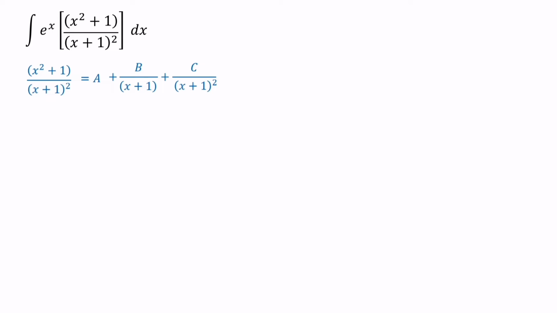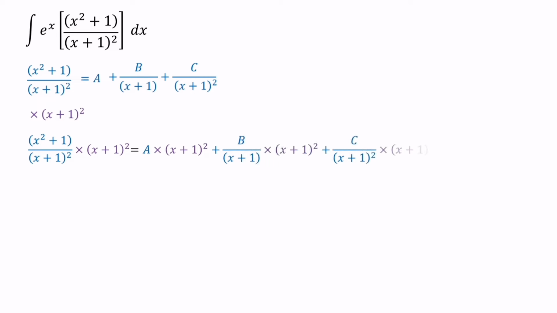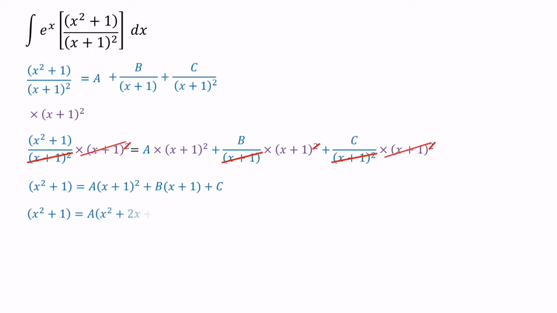Now we can multiply all the terms by x plus 1 perfect square. Then we can write an identity: x squared plus 1 equals A times x plus 1 perfect square plus B times x plus 1 plus C. x plus 1 perfect square we can write as x squared plus 2x plus 1.